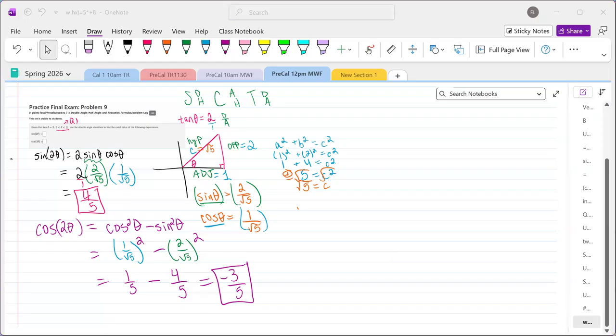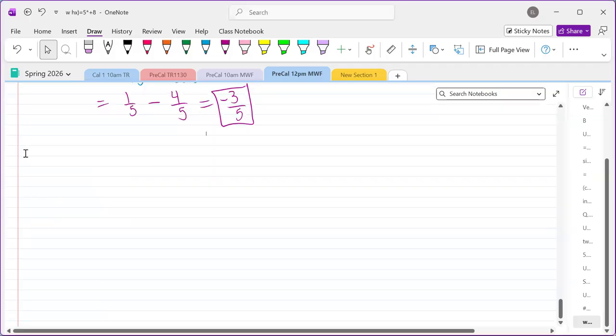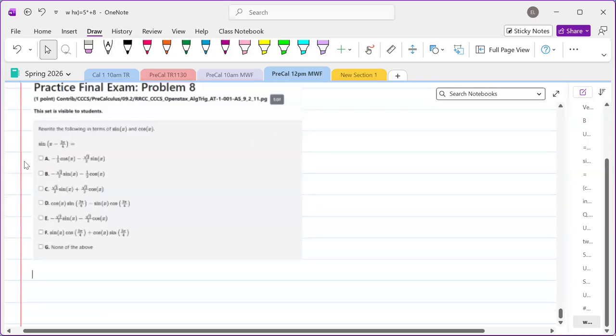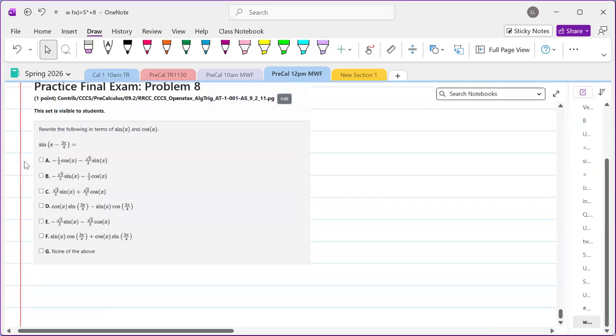All right, what's another one we can take a look at? Which one? 8, yes. All right, so the format on 8 is a little bit weird because it looks like it's multiple choice, but it's actually a checkbox.